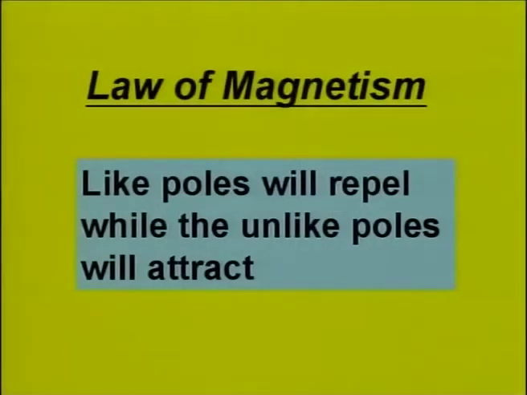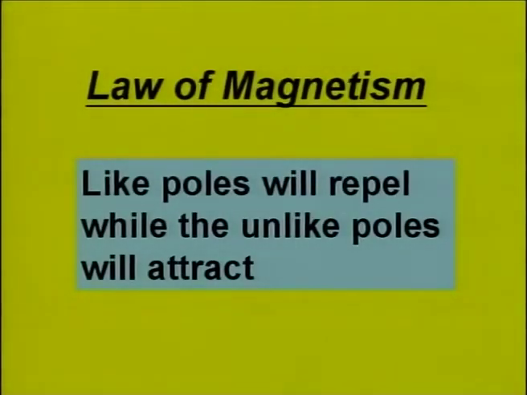The rule of magnetism is that opposites attract and like poles repel. Okay, very good. So like poles will repel, while unlike poles will attract.